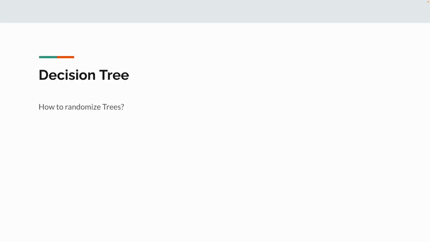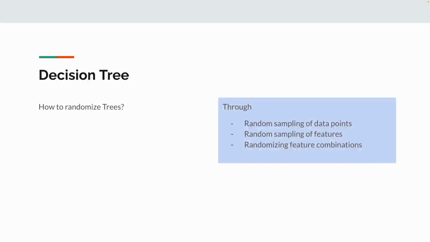One good thing with the decision tree classifier is you can generate many trees by randomizing your data and your feature combination. And how do you do that? Let's imagine that you have been given a data set, so you can sample any part of the data and create a tree. You can also sample features.